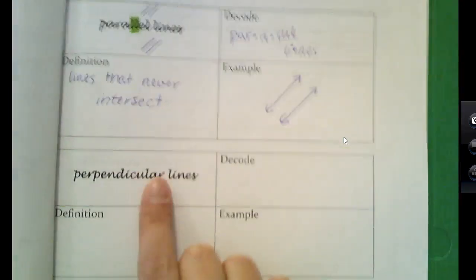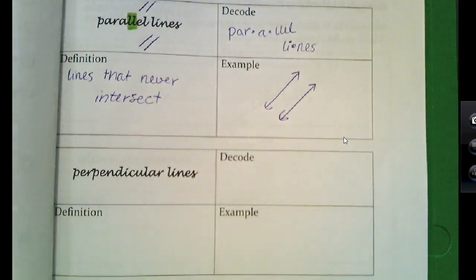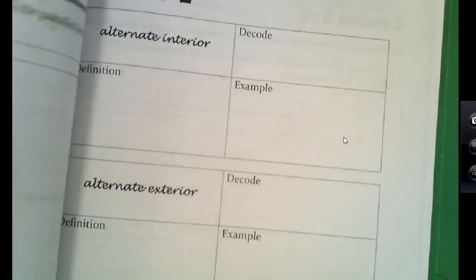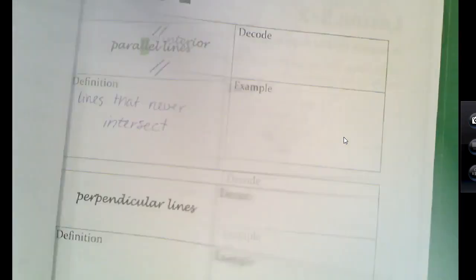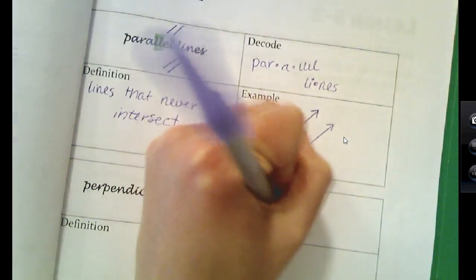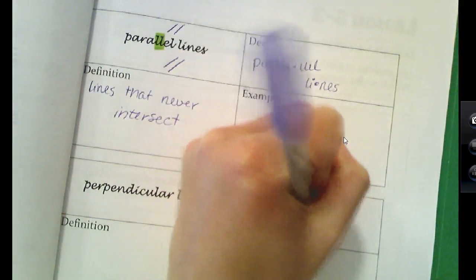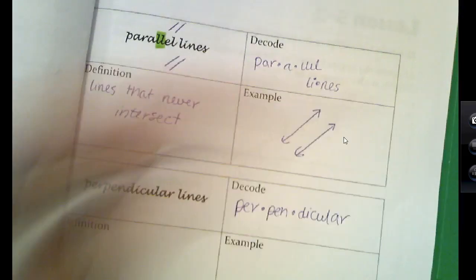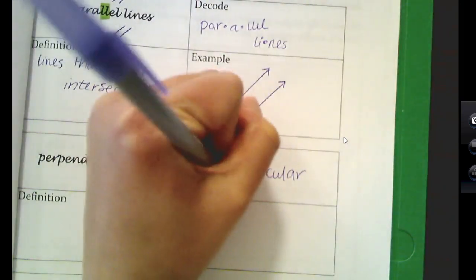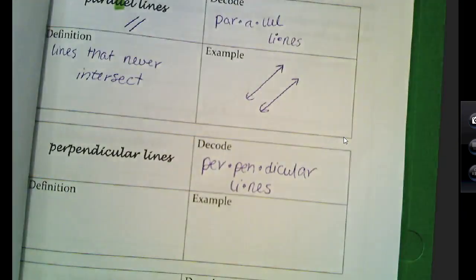Now go ahead and decode the word perpendicular for me. Perpendicular lines.